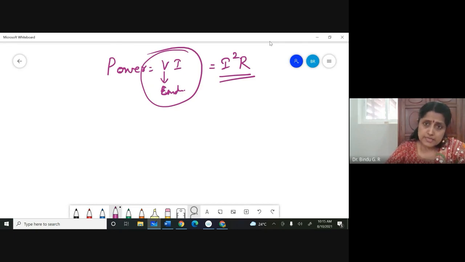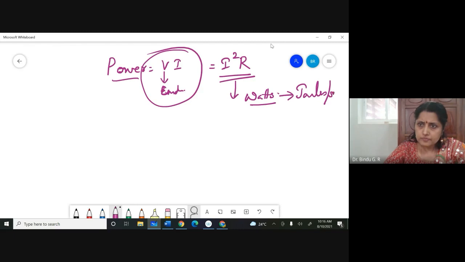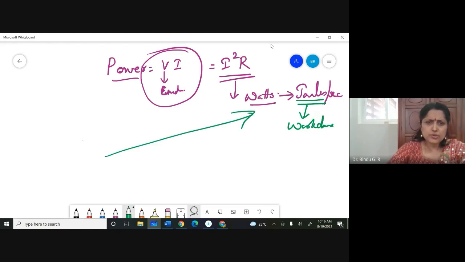This is in watts. Power in the unit is watts, which is the same as joules per second. Whenever you come across joules, it is related to work done, isn't it? So someone has to do work here.